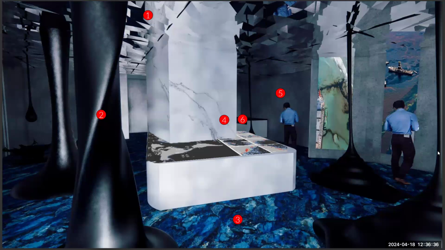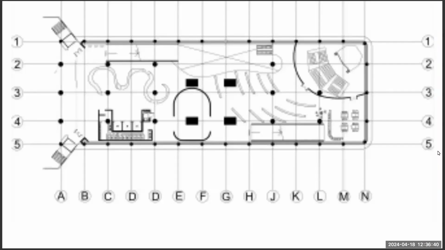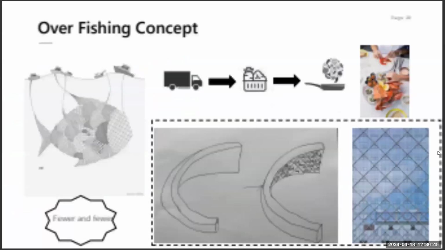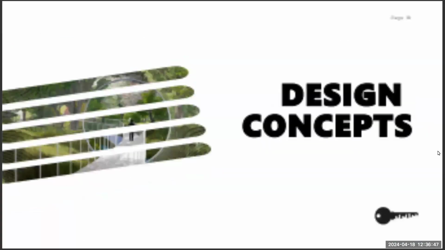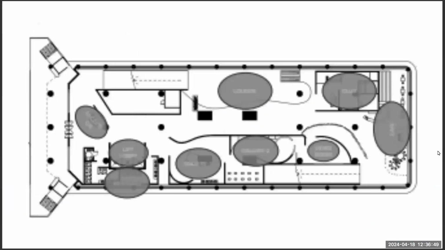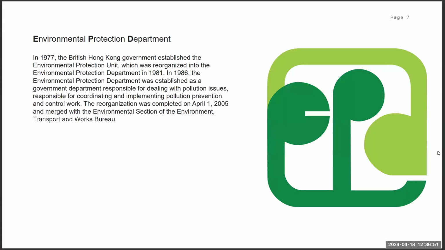Did you talk about the clients? Because you have this question about who should be the client, the environmental protection department. This is the sponsor, right? With money. Money, but they will manage the space.